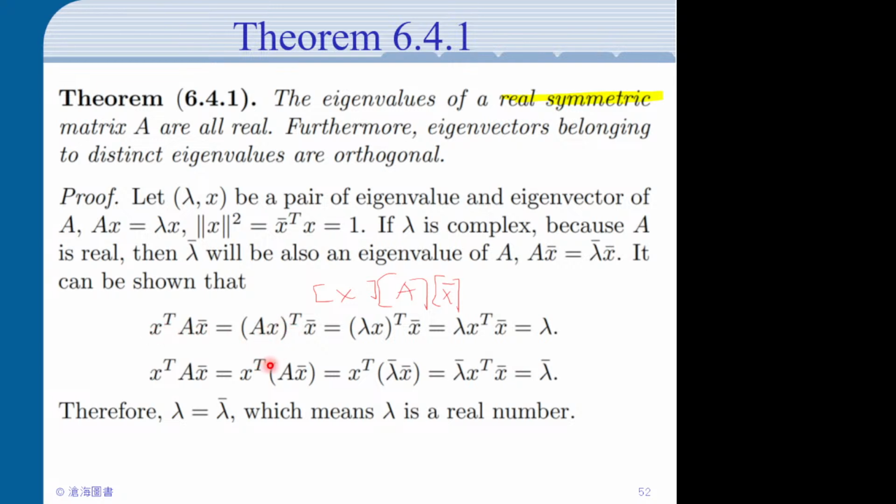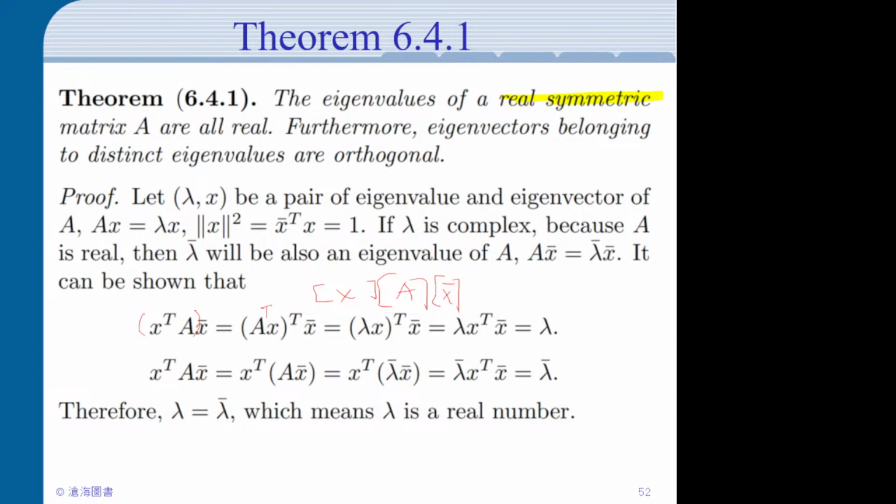Skipping one step, this thing is A transpose x transpose, because we are thinking about those two things together, and it's a transpose: switching order, then transpose everything. But here we skip one step because we have a symmetric matrix, so A transpose equals A, okay? And so those are the same.